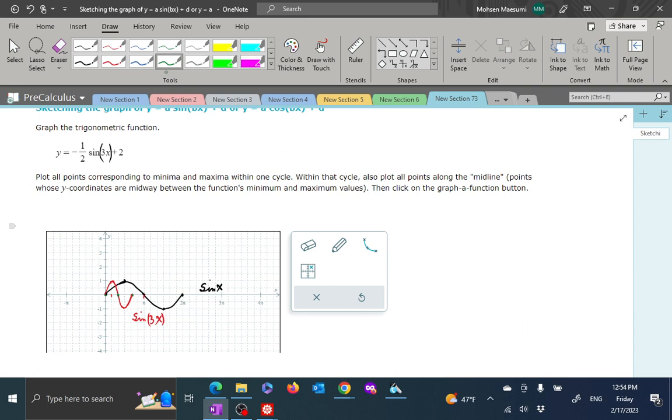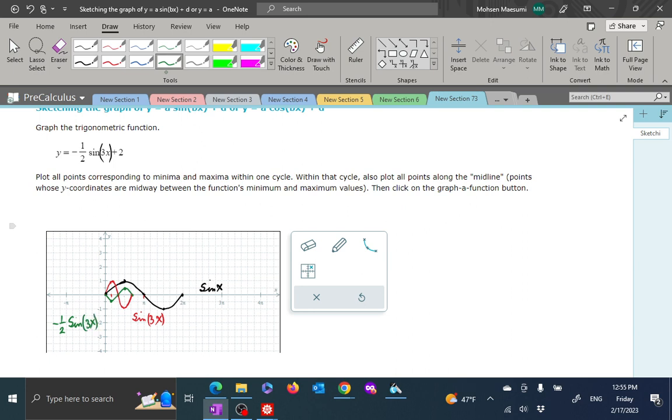This height of 1, when you multiply by minus 1/2, is going to come down here, and this height of minus 1 is going to go here, and our graph now is going to look like this tiny wiggle here. So the green one is now minus 1/2 sine of 3x.